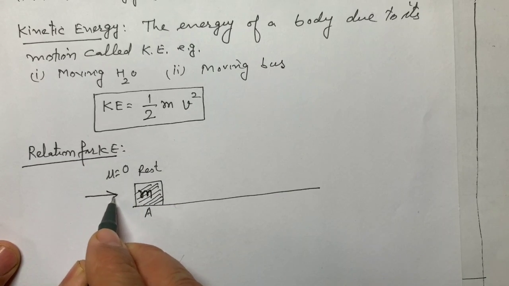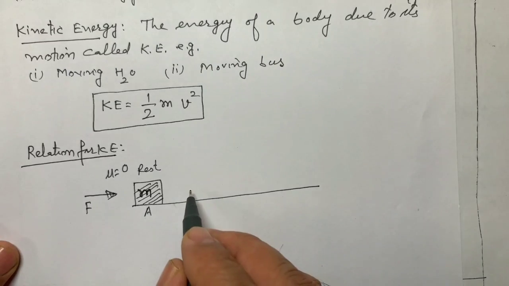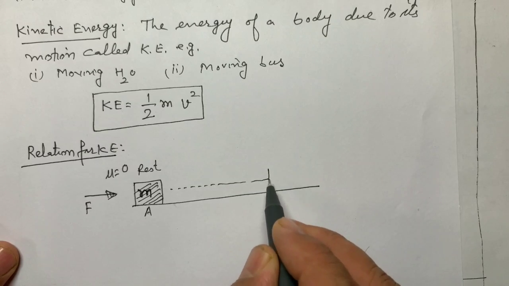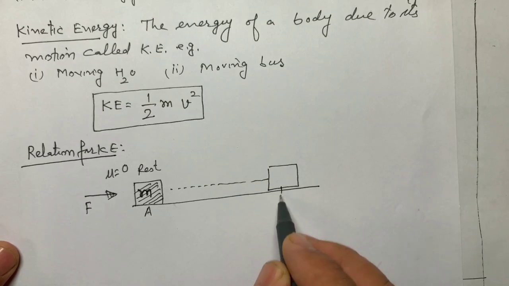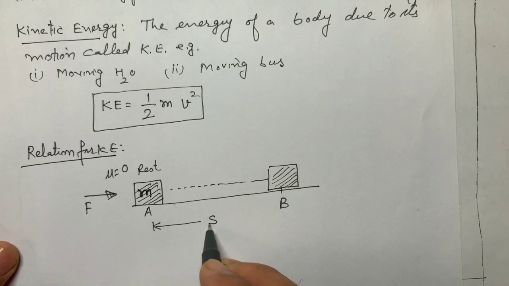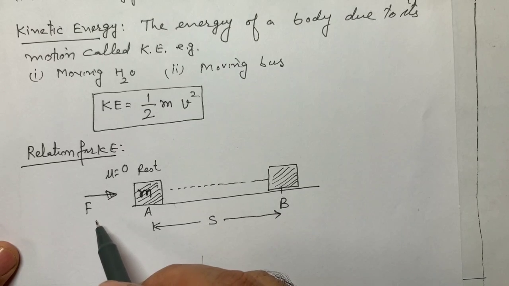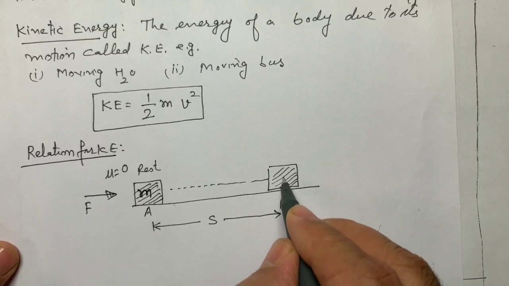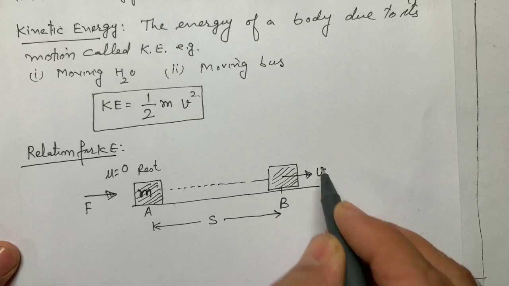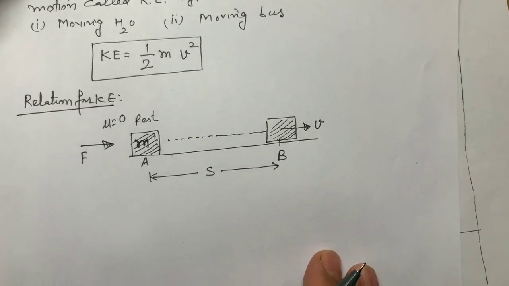When we apply the force F on the body, it starts to accelerate. Suppose after some time the body moves from A to B by distance s under the effect of this force F, and at point B its velocity, or its speed, becomes v. It is also noted that kinetic energy is a scalar quantity.